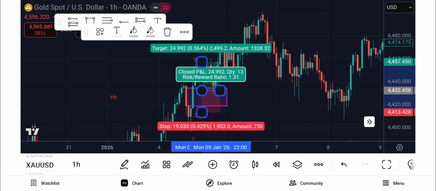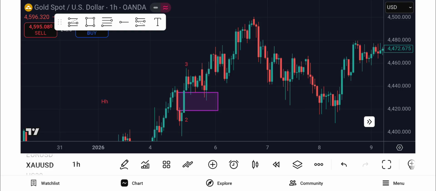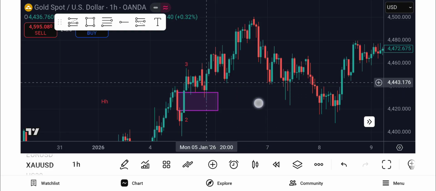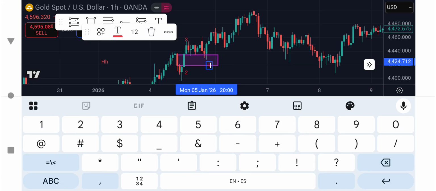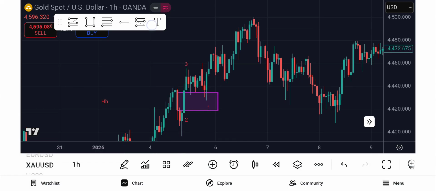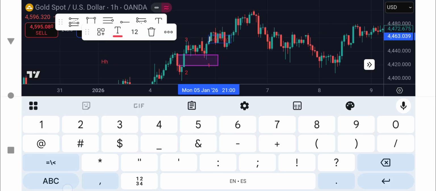We could look for more fair value gaps. Look, boom. What's this? This is another fair value gap. We could put one here. Remember, we're looking for bullish candles. That's it.